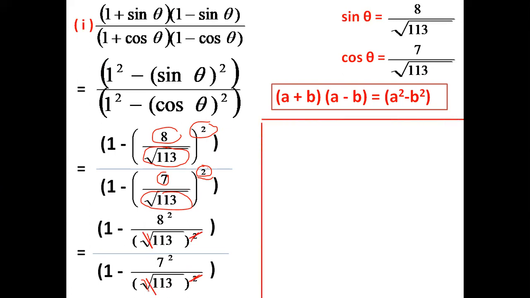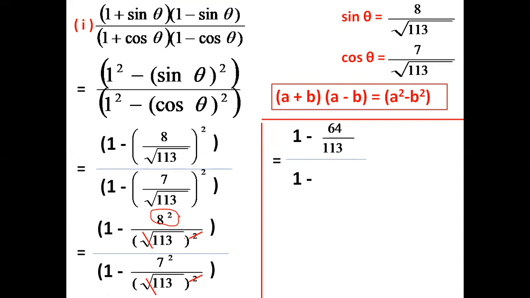So next step, one minus, here what is 8 square? 8 square means 64 by 113, divided by 1 minus 7 square means 49 by 113. Now here you take the LCM in the numerator. One can be written as 1 by 1.